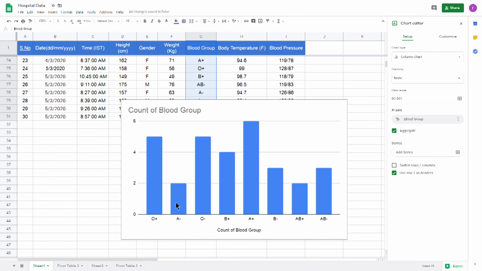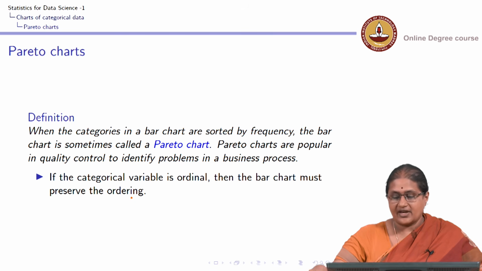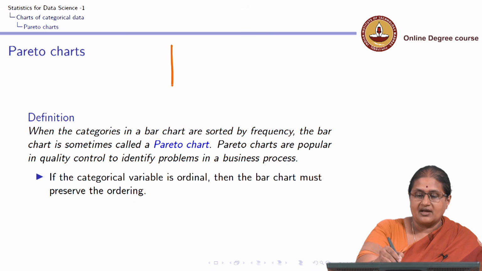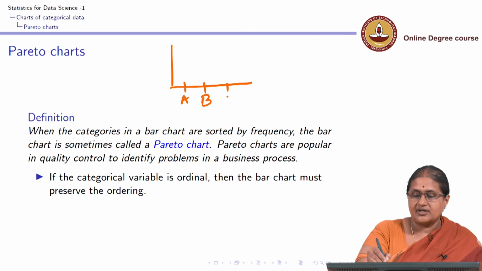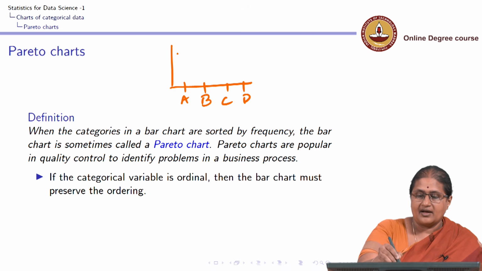So, in a sense what I mean is, when I have a bar chart, whether A, B, C, D, I have a 4, I have a 2, I have a 2, I have a 2.